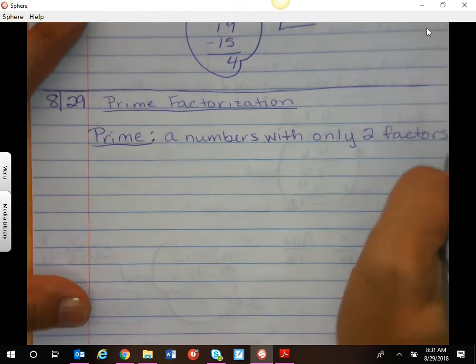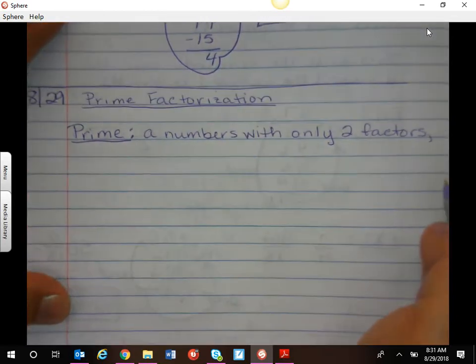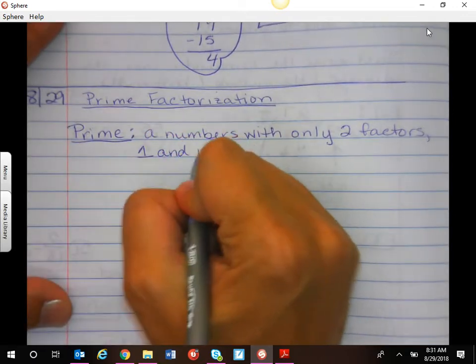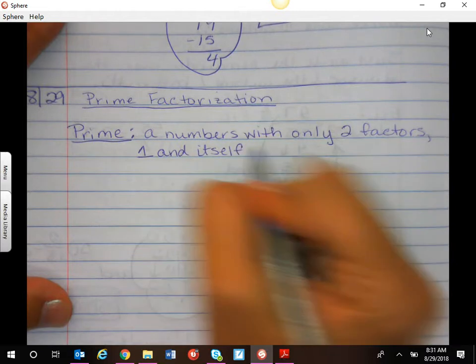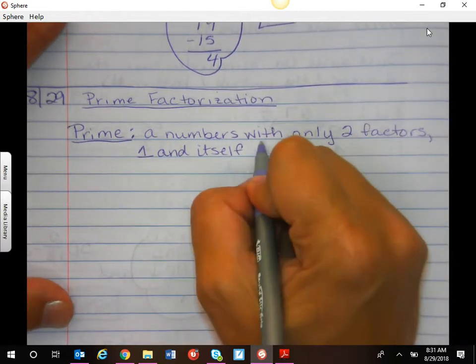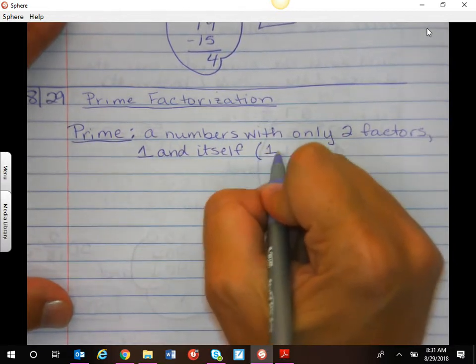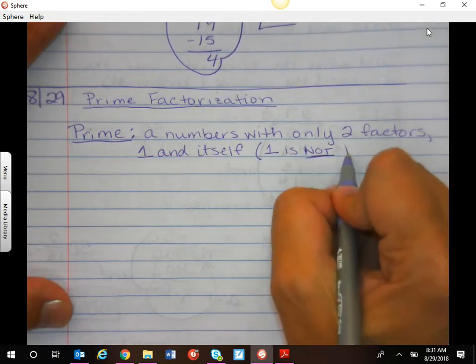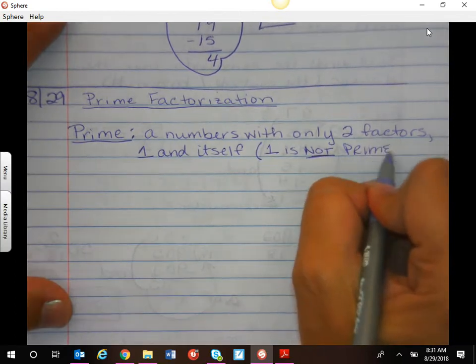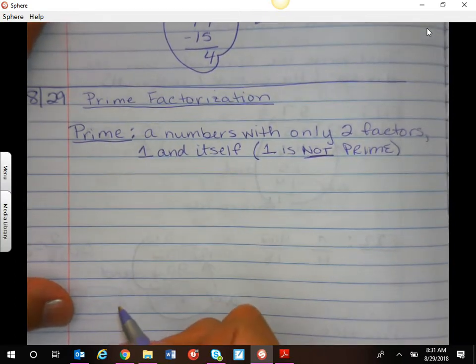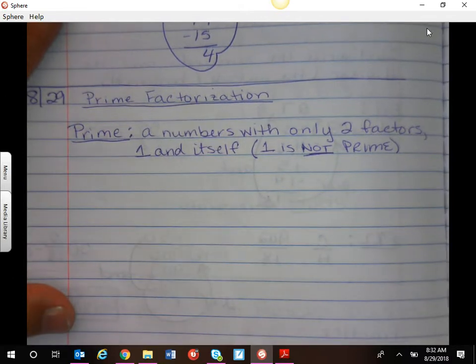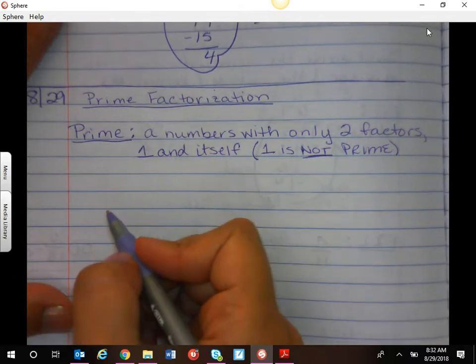And those factors are 1 and itself. So I want to make a special note that the value 1 is not prime. Because the factors of 1 are 1 times 1. Well, 1 in itself, it's the same thing, so keep that in mind.